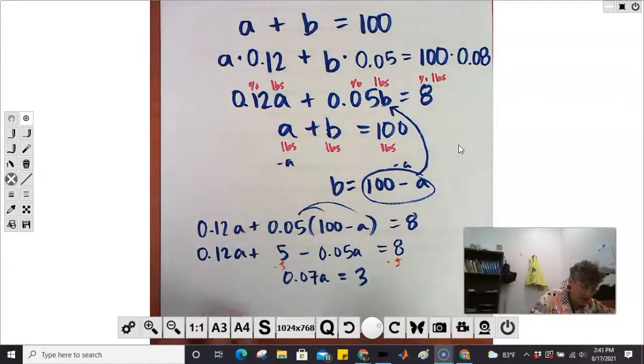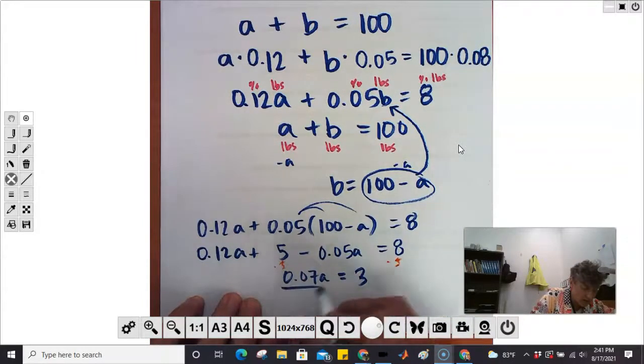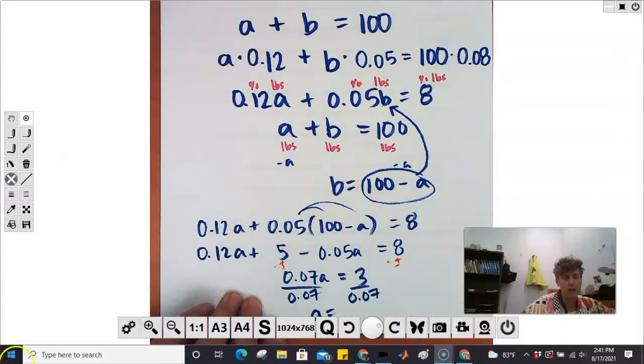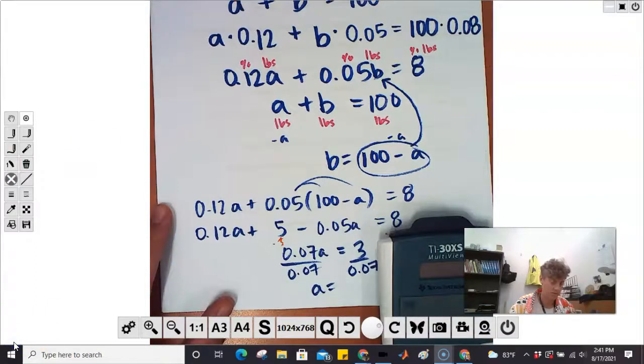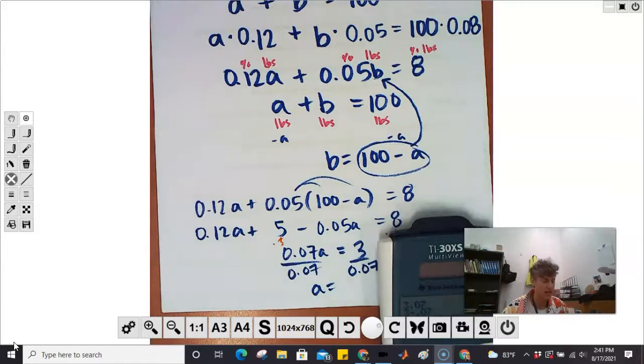And then divide by 0.07 on both sides to get a equals 3 divided by 0.07. That's 42.857.